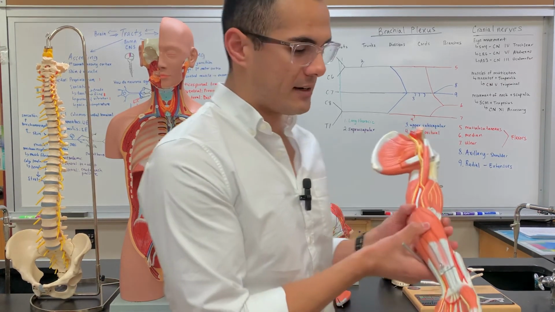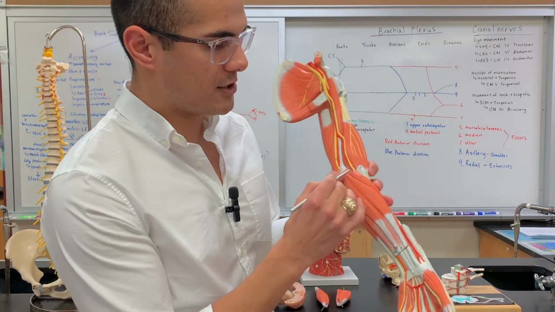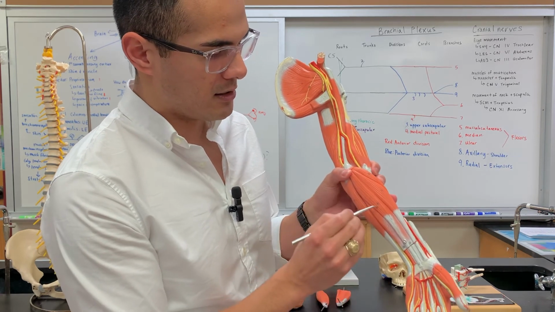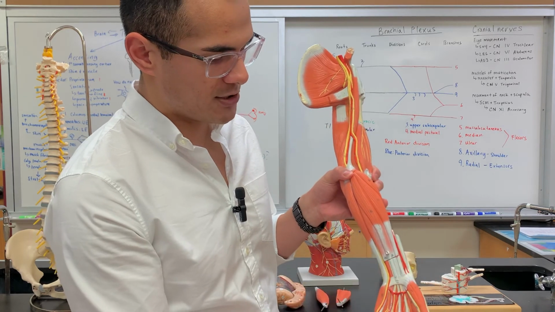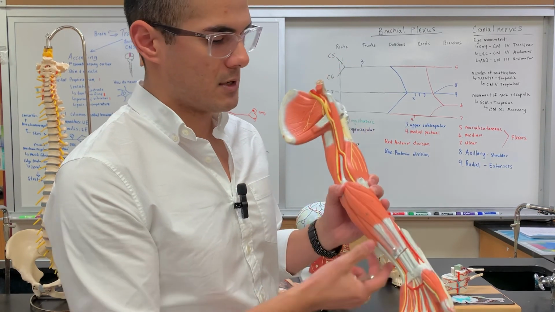So if we identify what is innervated by the median nerve, you have the pronator teres, the flexor carpi radialis, the palmaris longus, which is here in the middle, as well as the flexor digitorum, right, because it's flexing the digits.